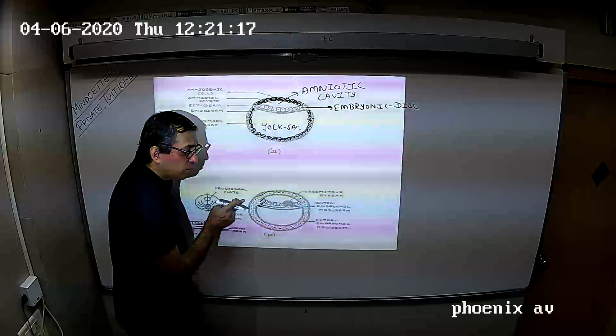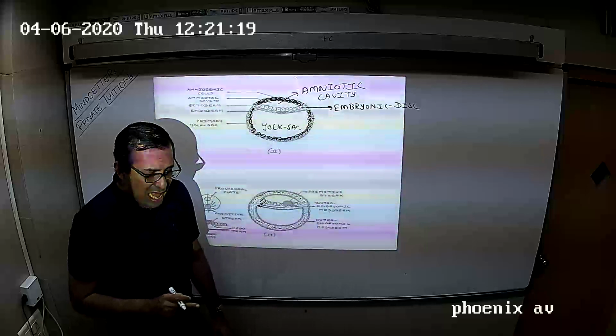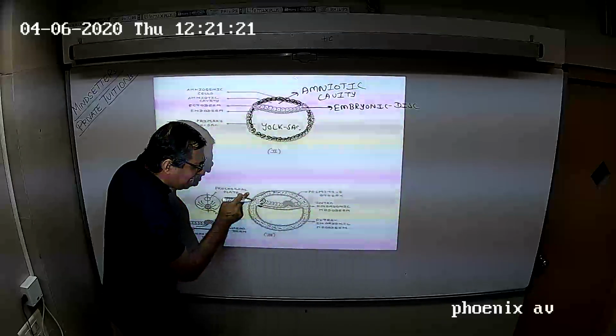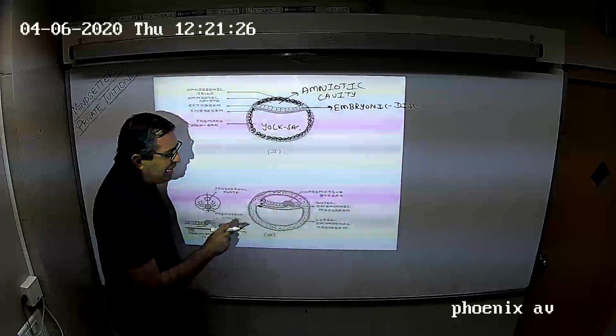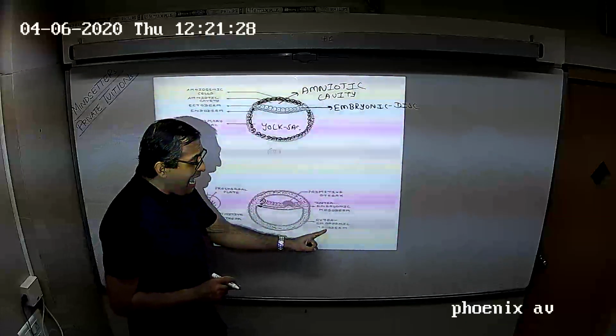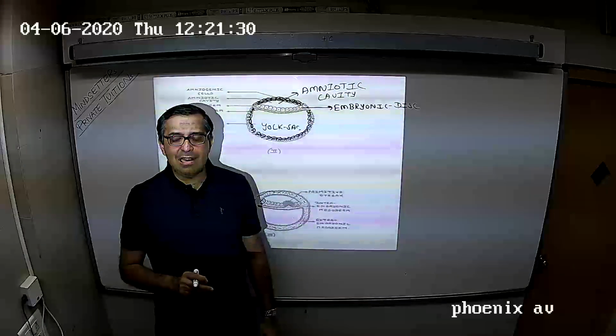It develops from the trophoblast, and trophoblast से बनता है ये वाला mesoderm. So this is called as the extra embryonic mesoderm.